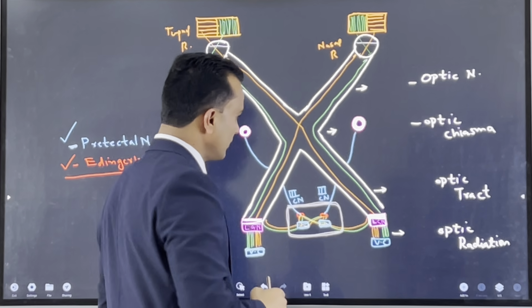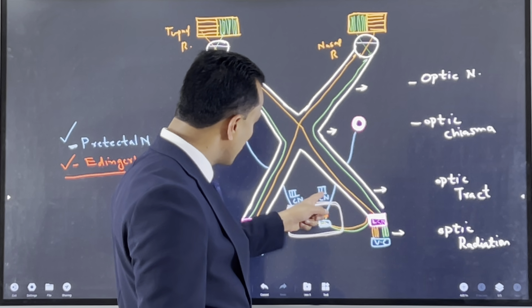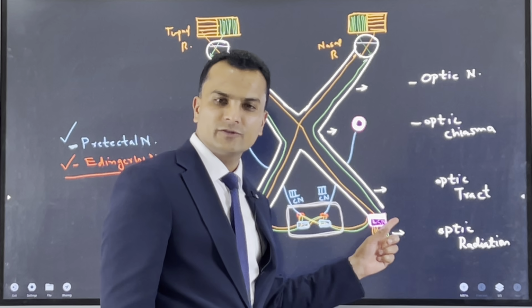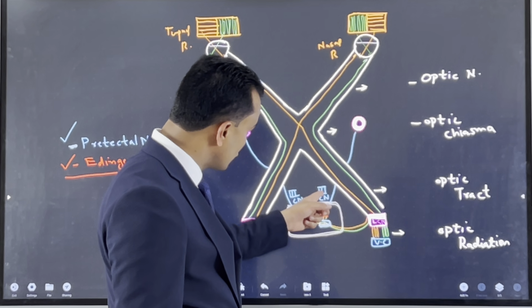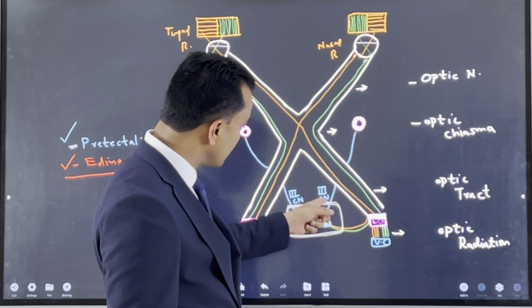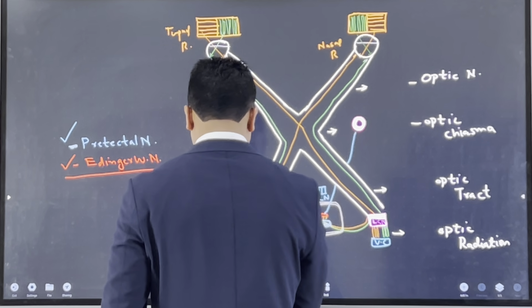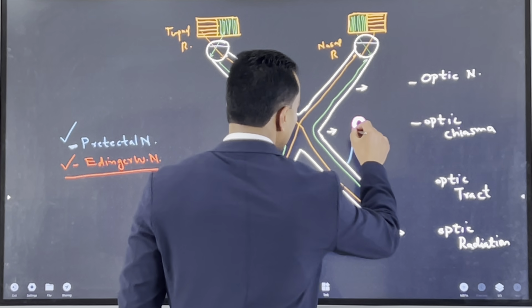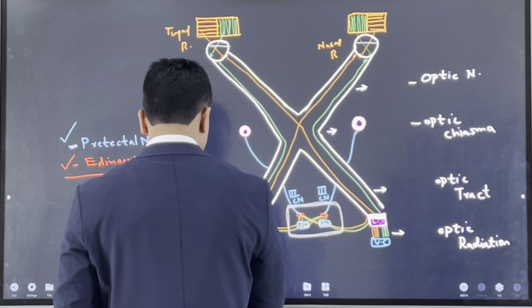So the third cranial nerve is innervating the ciliary ganglion, but who is activating this Edinger-Westphal nucleus? These light fibers which are coming from your optic tract. So light fibers activate this nucleus, the parasympathetic nucleus of the third cranial nerve. Then through the third cranial nerve, it synapses with this ciliary ganglion.